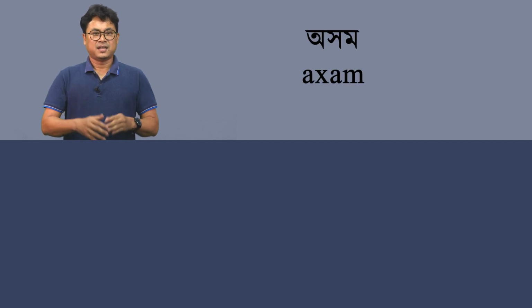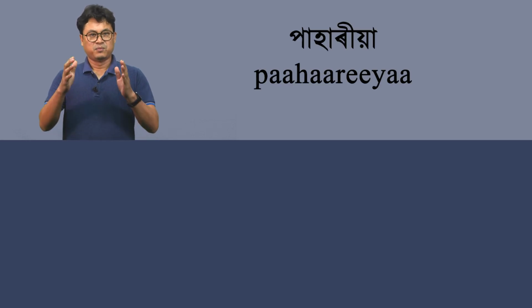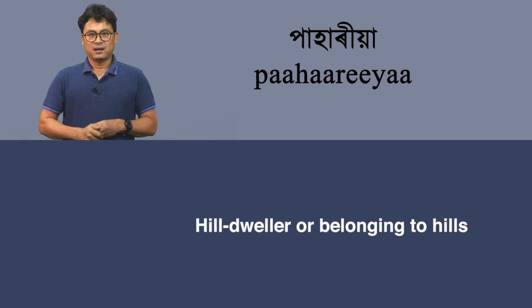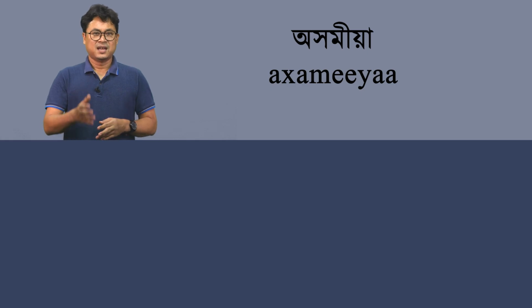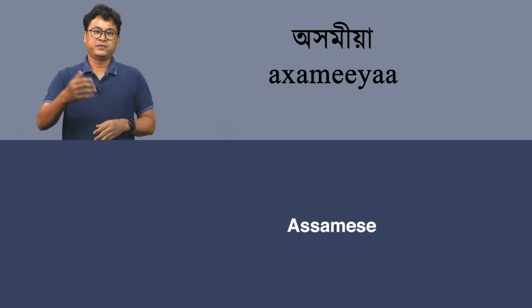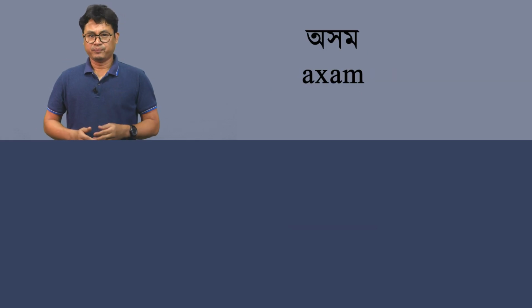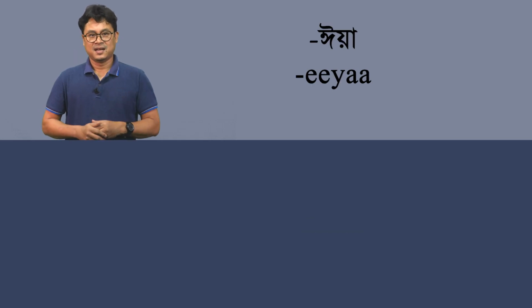Ohom, which means Assam. And Paharia, meaning hill dweller or belonging to hills, from pahar, which means hill. Okhomia, meaning Assamese, is formed by combining Okhom, which means Assam, with the suffix ia. Structurally, a noun becomes a relational noun or adjective.